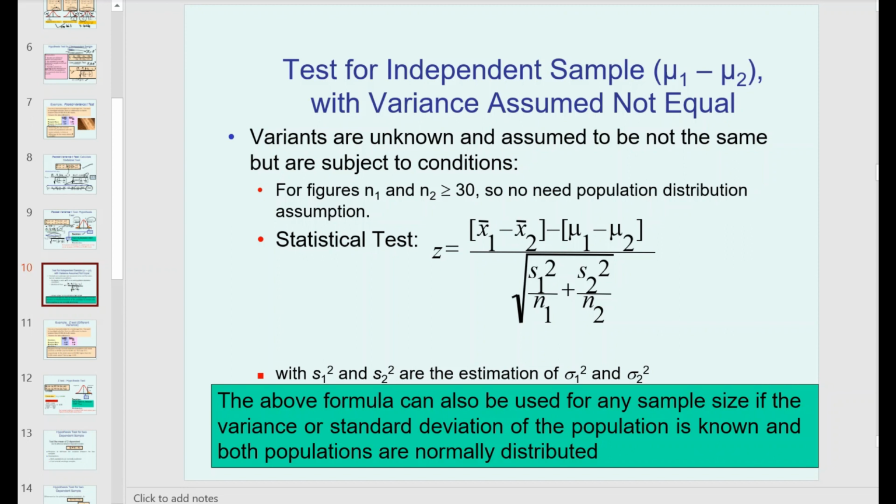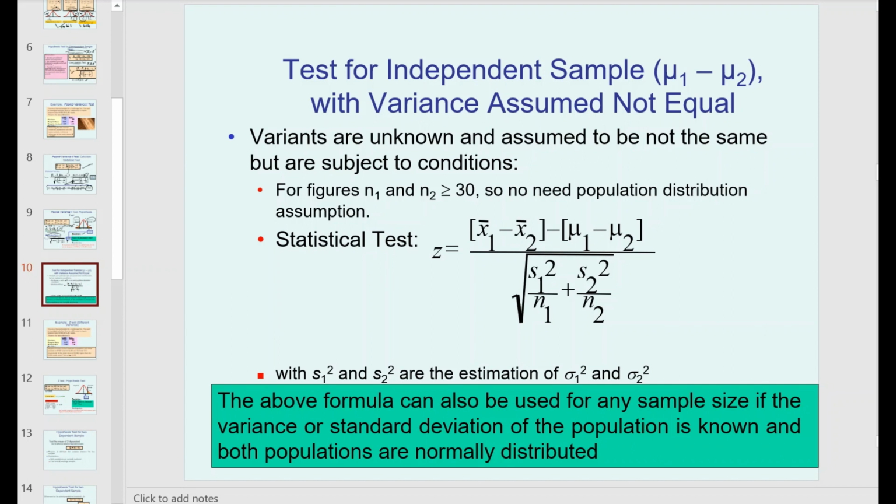So, variances are unknown, still the same, but it assumes that your sigma 1 not equal to sigma 2 and subject to conditions. Okay, as mentioned just now, for figures N1 and N2, it must be more than or equal to 30, so no need for population distribution assumption.